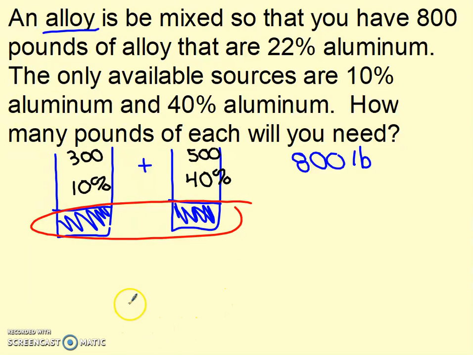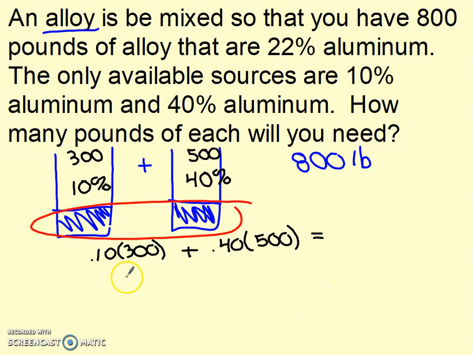So if we have our guesses of 300 and 500, is it true that 10% of 300, the amount of aluminum in the first one, plus 40% of 500, the amount of aluminum in the second one, totals up to the right amount of aluminum? Well, this is 30 plus 200, so 230. Is that the right amount of aluminum?